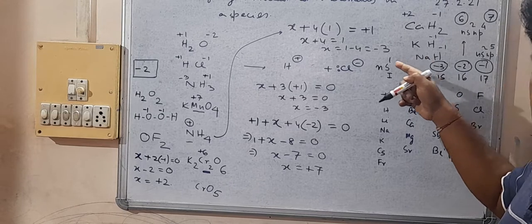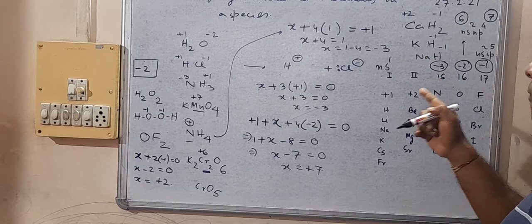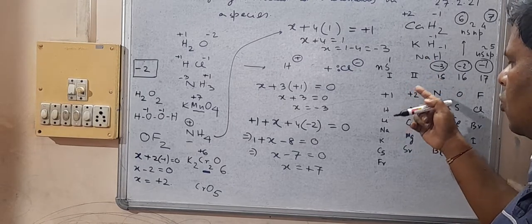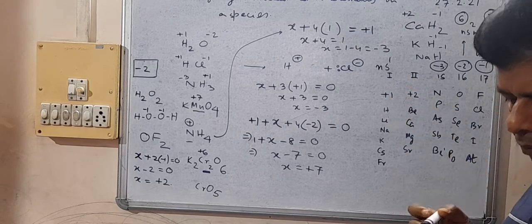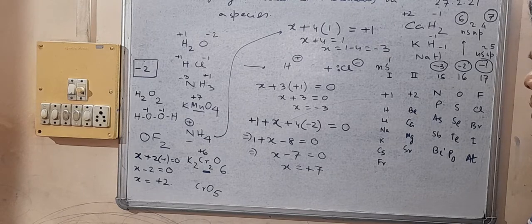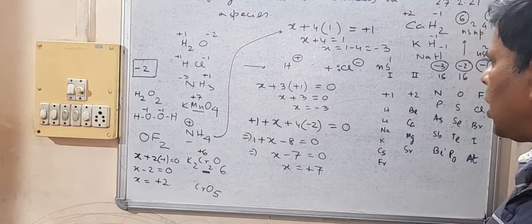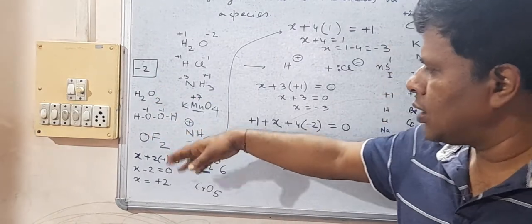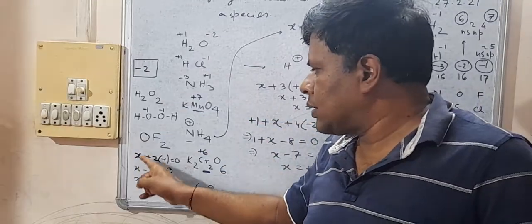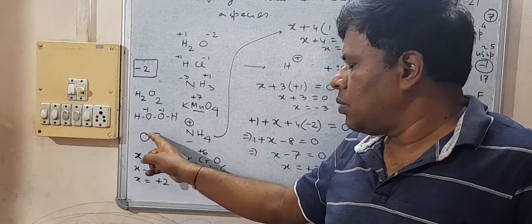So that's why we have already written their oxidation number is +1. Now, as we have seen here, oxygen can have oxidation number -2.